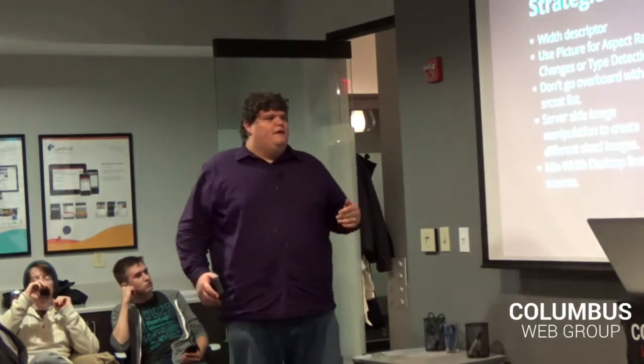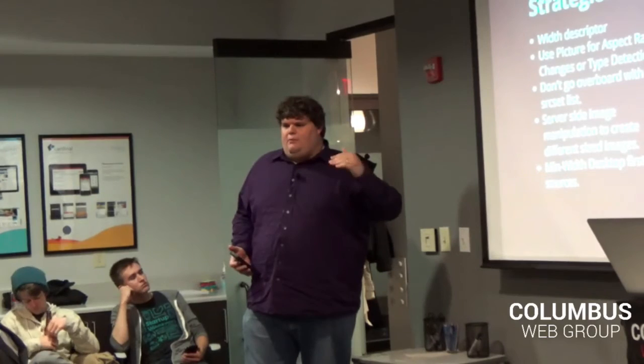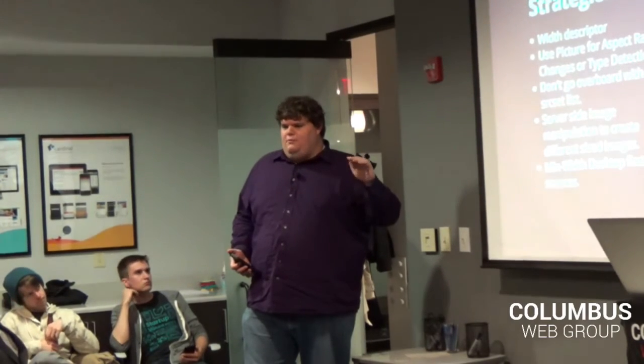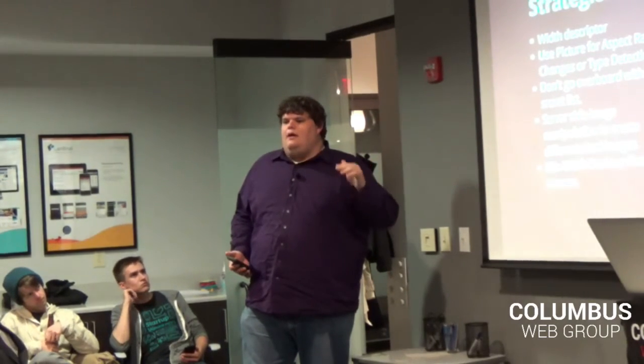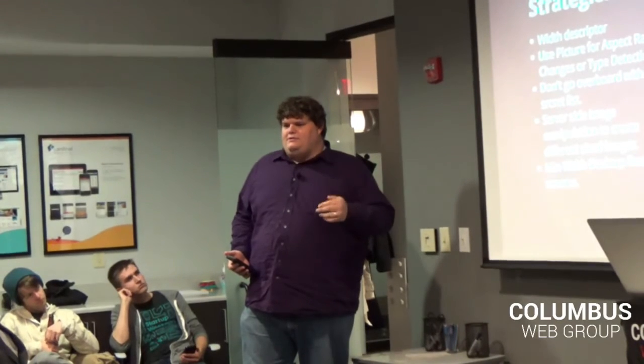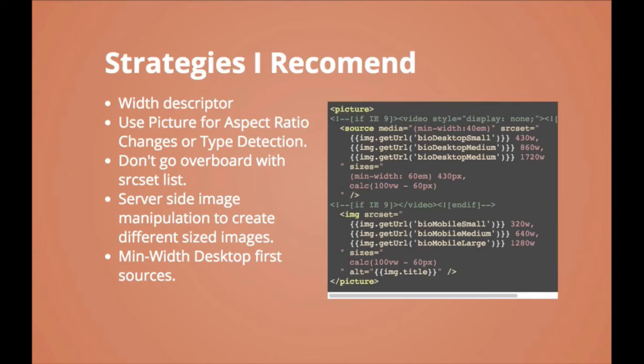When I give the browser that list of widths and I declare the sizes, the browser's smart enough to know that if I'm on a 430 screen, but I'm also on a Retina screen, it's going to give me the 860 image. It's smart enough to know that.